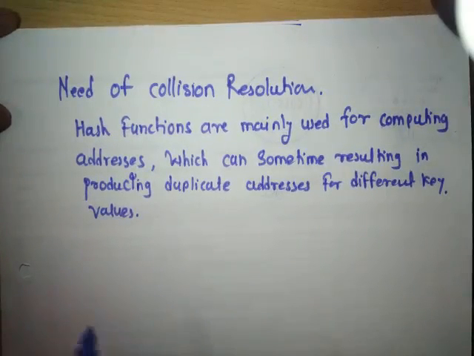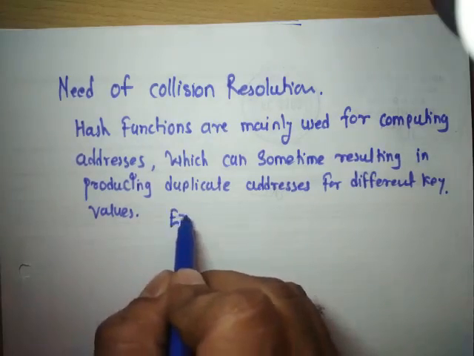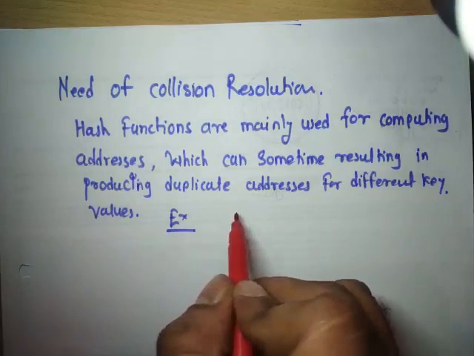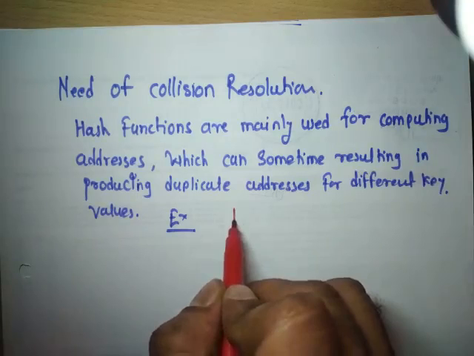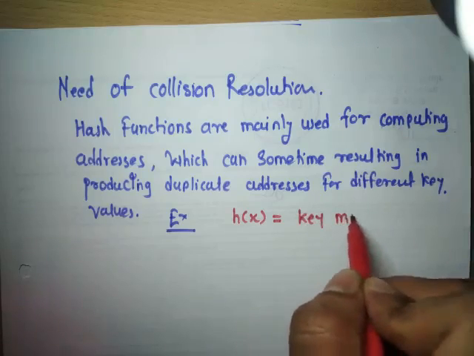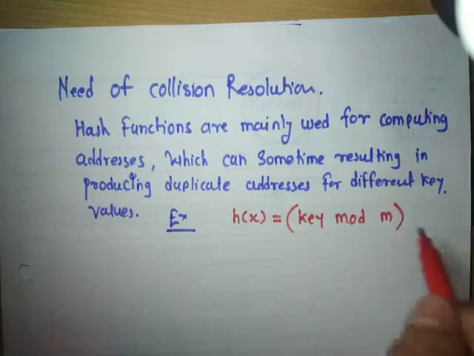Hash functions are mainly used for computing addresses, which can sometimes result in producing duplicate addresses for different key values. For example, let's take a modular division function, h of x is equal to key mod m.